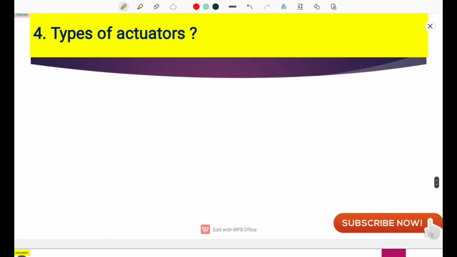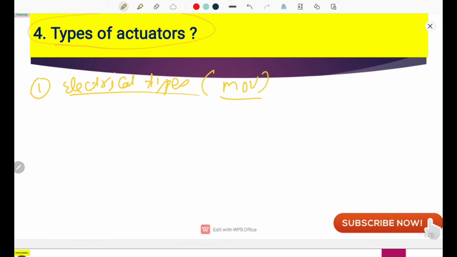Now coming to our fourth question, types of actuator. Whenever you go for any interview, this question about types of actuators is generally asked. The first type is the electrical type actuator, as in MOV, motor operated valves. Second is the hydraulic type, where an I to H, current to hydraulic pressure converter, is generally used.